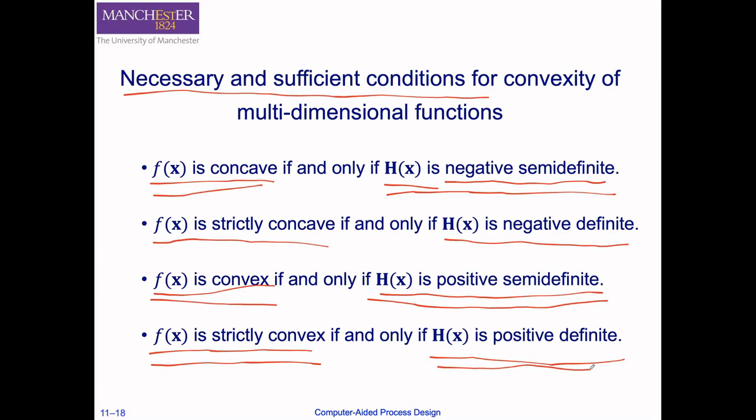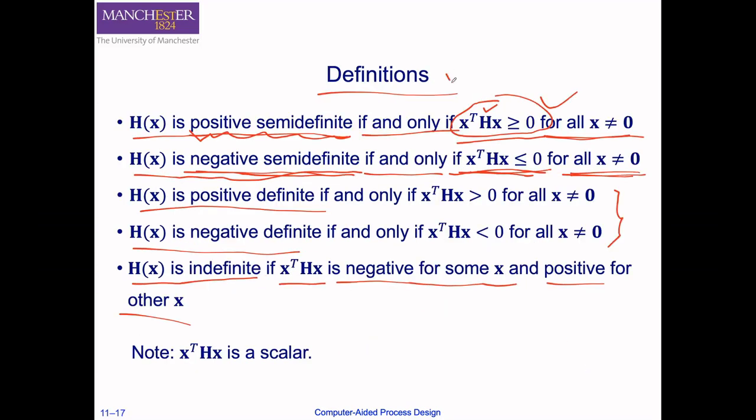Now the question is, how can we determine if the Hessian matrix is negative semi-definite, negative definite, positive definite, or positive semi-definite? Of course, we can use these definitions. That means we need to calculate the value of X transpose times the Hessian matrix times X, and then determine if this term is positive or negative.